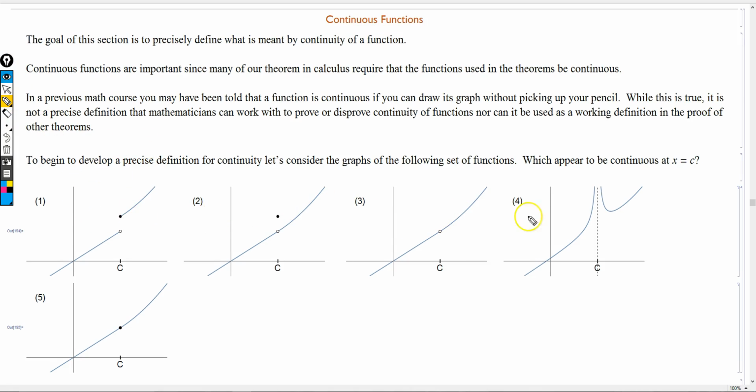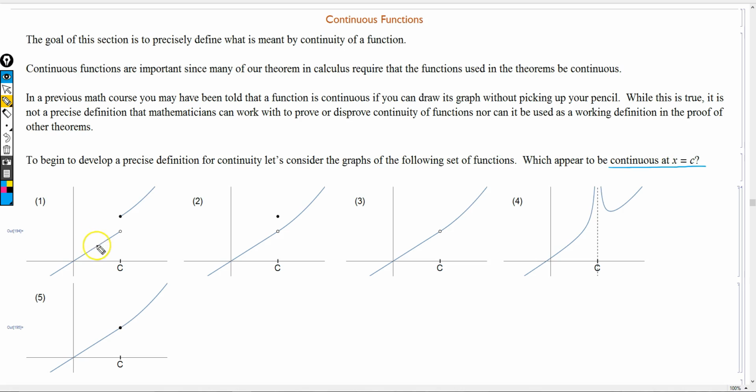So down here we have the graph of 5 different functions, and we want to ask ourselves which ones appear to be continuous when x is equal to c. Now we're going to start with that basic definition that the function will be continuous at c if we can draw the graph through x equaling c without picking up our pencil.